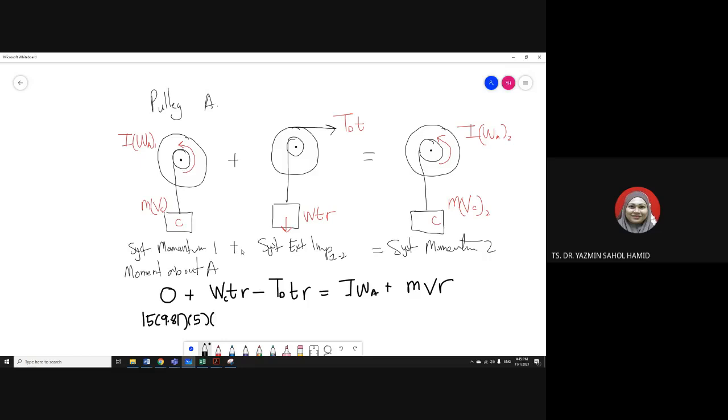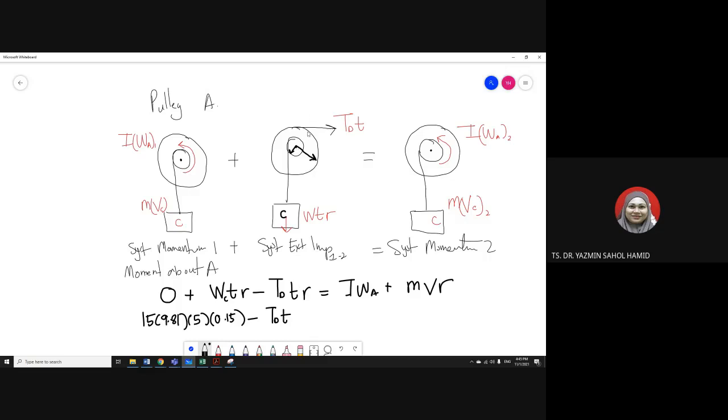Now for block C, it is that R, the radius. Are you going to use the inner radius or the outer radius? Inner. Okay, 0.15 minus T D times T. Now, what is the R for the tension of the cord?